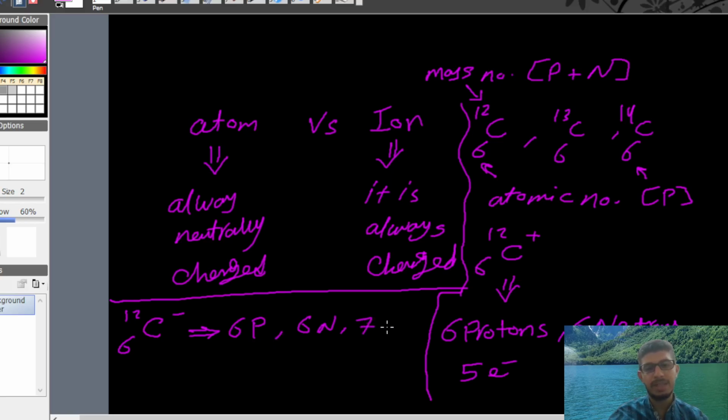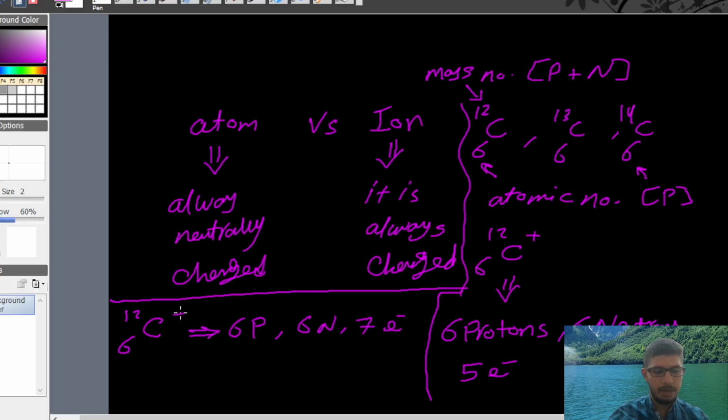Here we have 7 electrons. Why? Because the total charge of this ion is 1 negative. This is an ion, guys. Why is this an ion? Because it's negatively charged, as we can see.